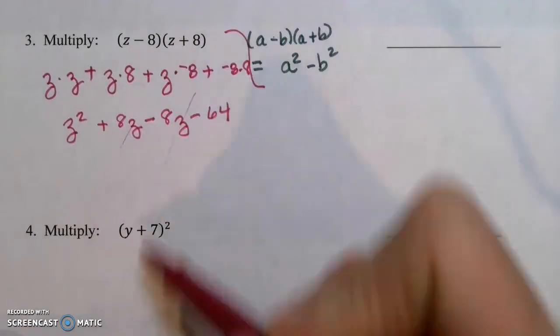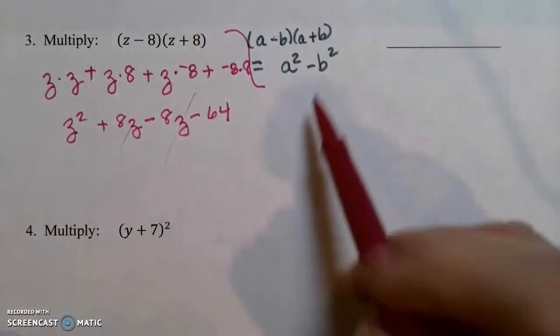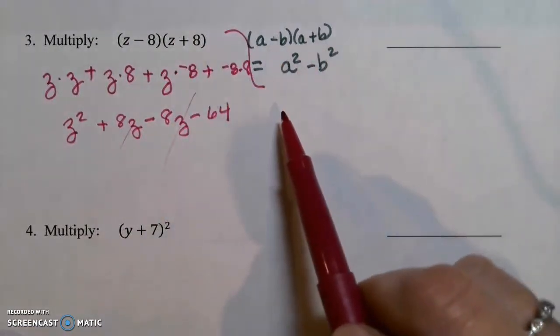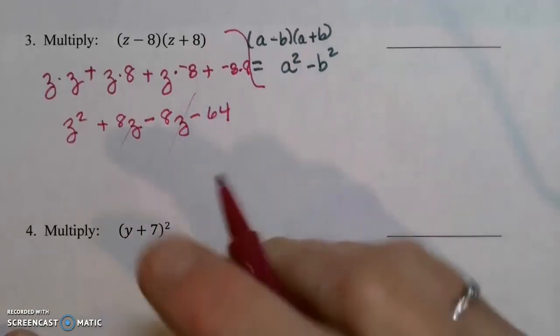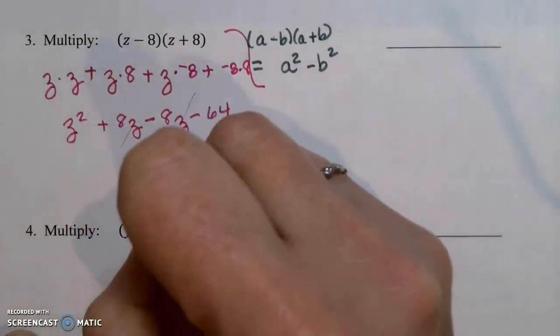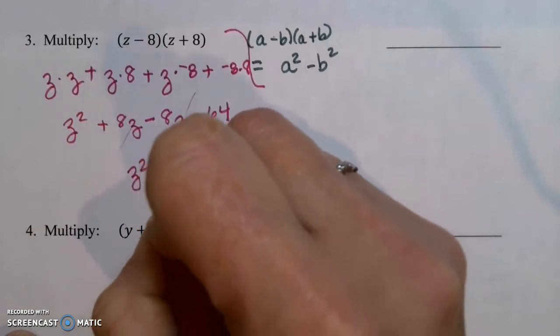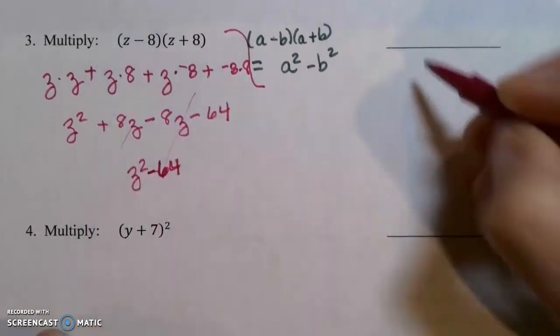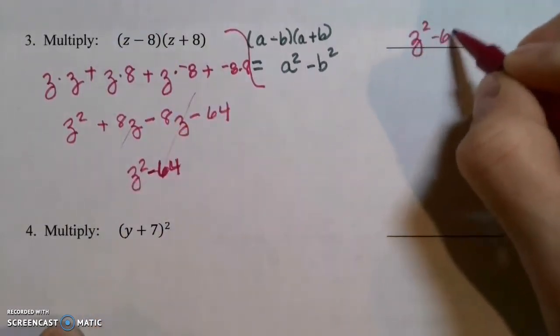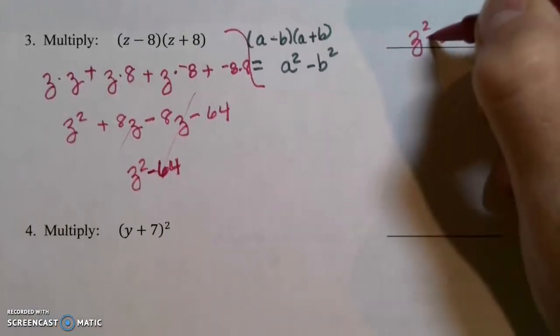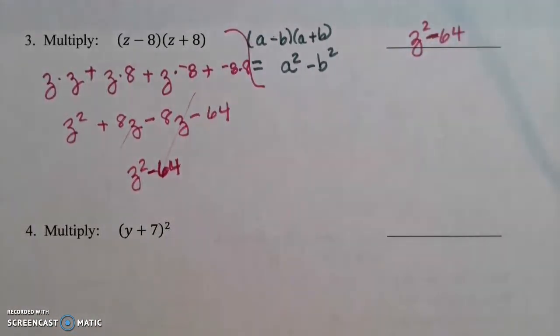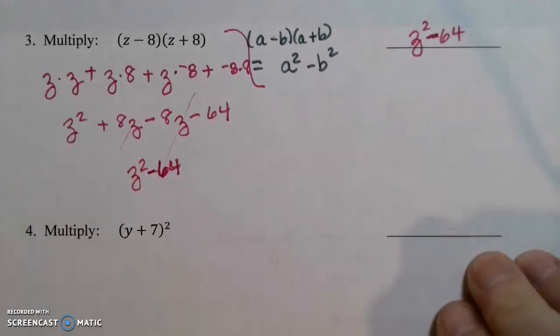And remember, this is that situation where those middle terms drop out. That's why we can say it's a squared minus b squared if I'm using the shortcut. So z squared minus 64 would be the best answer. And we can see it is a difference of squares now.